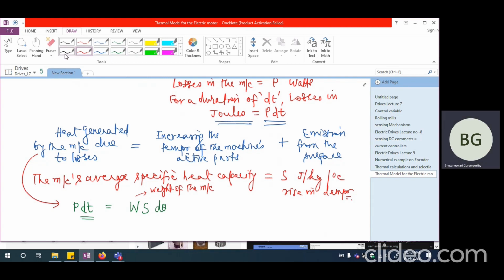Okay. Now, this is the portion which corresponds to the temperature rise, the heat which is going towards temperature rise.